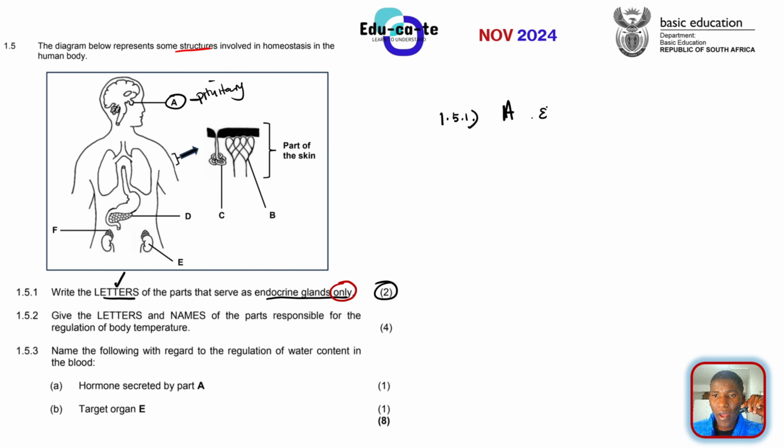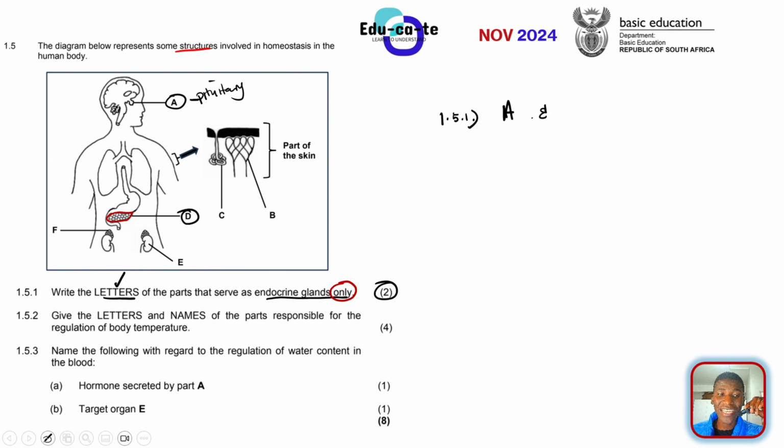And then which other gland can we see here that will be able to secrete hormones only? All right. If we look at D, it is just below the stomach. Remember that this gland that is found below the stomach that has a leaf-like shape is known as the pancreas. So the pancreas, yes, it is an endocrine gland to an extent, but it can also act as an exocrine gland.